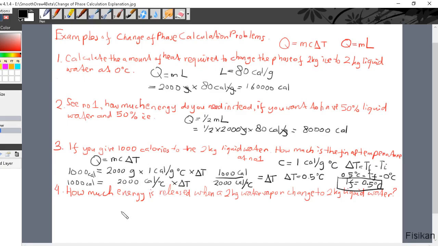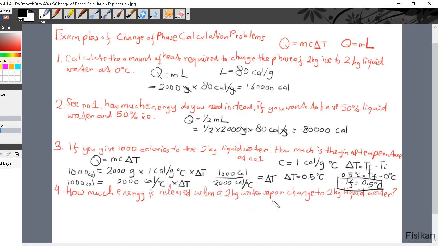The last one is number 4. How much energy is released when a 2 kilogram water vapor changes to 2 kilogram liquid water? So this is a change from higher energy level to lower energy level. The same process of calculation works for changing from low to high energy level also, so you basically just use the same way in order to find the final result.